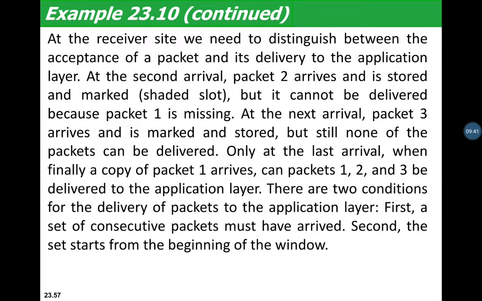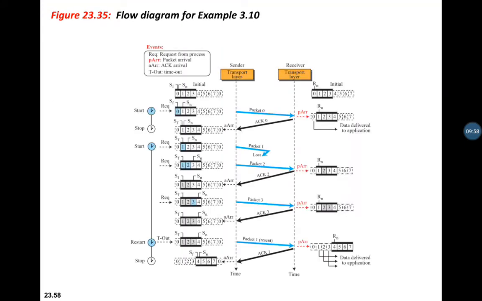Only at the last arrival, when a copy of packet 1 arrives, then packets 1, 2 and 3 can be delivered to the application layer. There are 2 conditions for the delivery. First, a set of consecutive packets must have arrived. Second, the set starts from the beginning of the window.